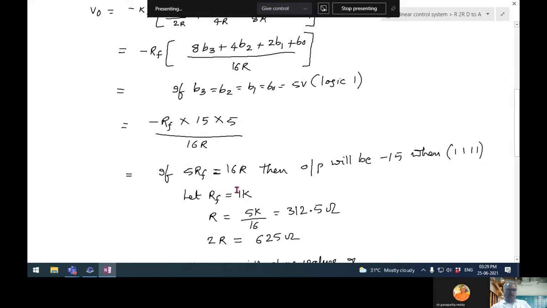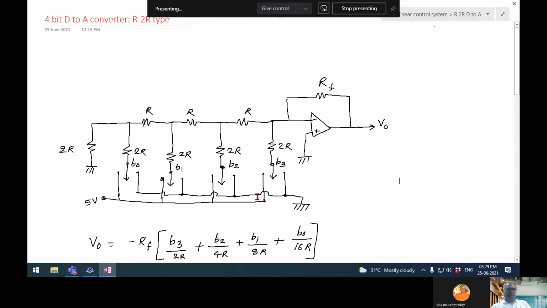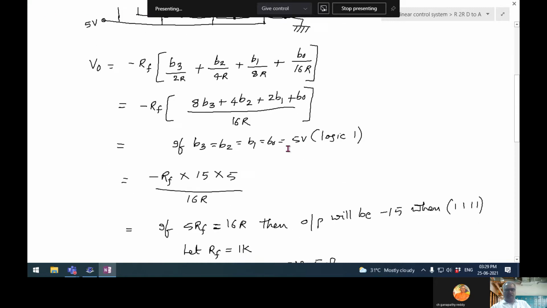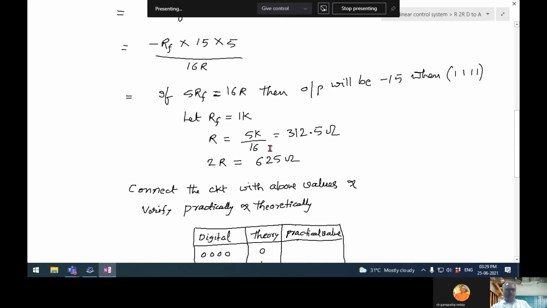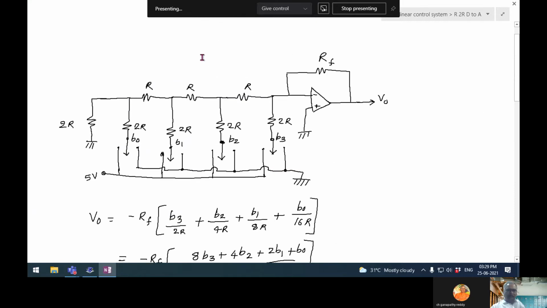If I take RF equal to 1K, then R equals 312.5 and 2R value is 625. So always this R value is 312.5, and these 2R values will be 625. Then connect this circuit with those values.